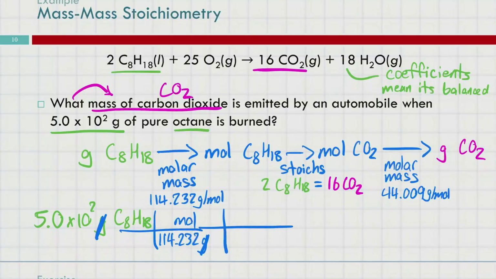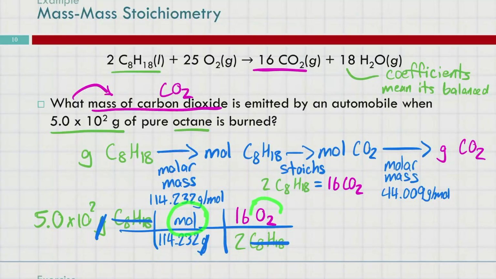Then we need to apply our stoichiometry ratio. We have C8H18, so we need C8H18 to be on the bottom in our conversion factor for our ratio. So we'll be using that form. And this will cancel our chemical unit.